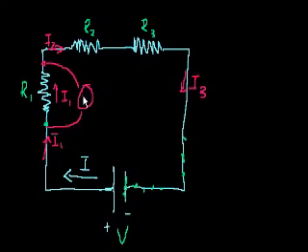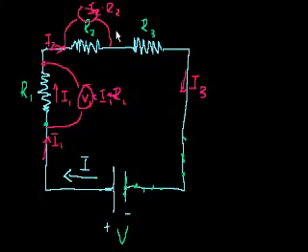Right, I measure it with a voltmeter. Well, V1 is going to be equal to I1 times R1. I don't know why I put an R, that's a 1, not an I. I1 times R1, right? And similarly, if I measured the voltage from here to here, that voltage is going to be equal to I2 times R2. Let's say that this is where I3 is.